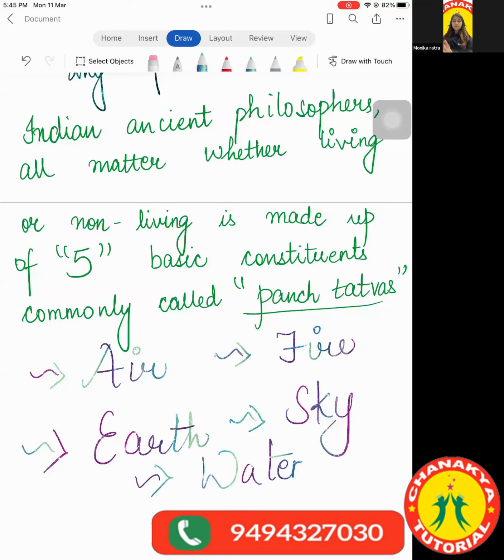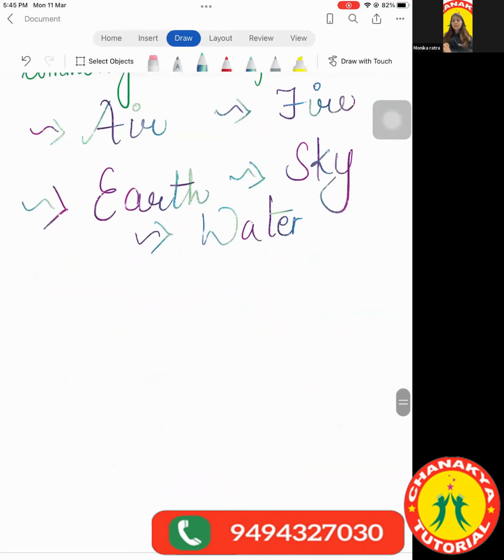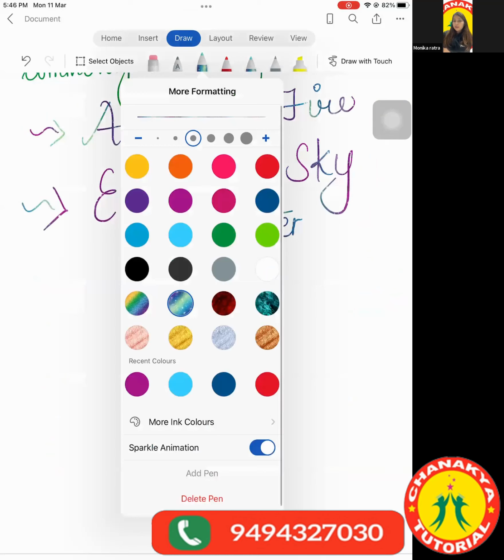Clear, everyone? Fine. So first we will do some classification of matter, and then later I will tell you what the scientists thought matter looked like or what it was made from, and then what was the final conclusion. We will do some identifications of matter and then go ahead. Chaliye.